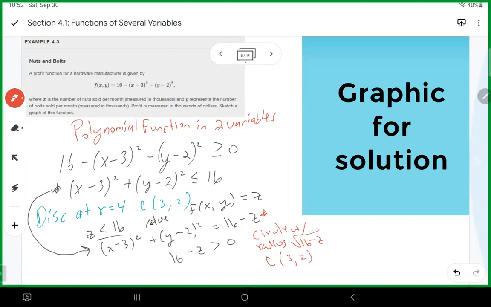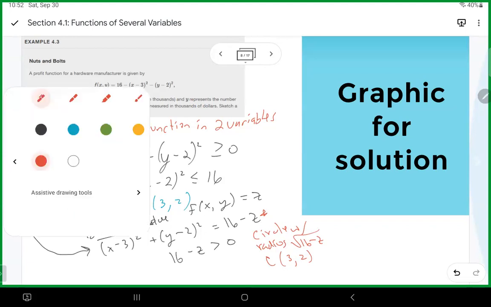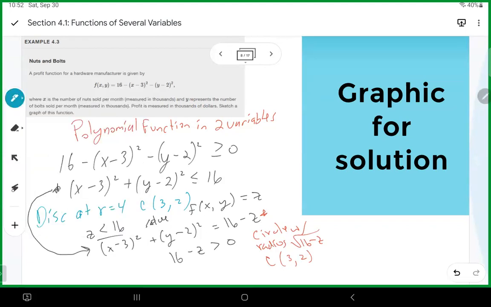Therefore, the range, starting to run out of colors, range of f of xy is going to be z as an element in R such that z is less than or equal to 16.